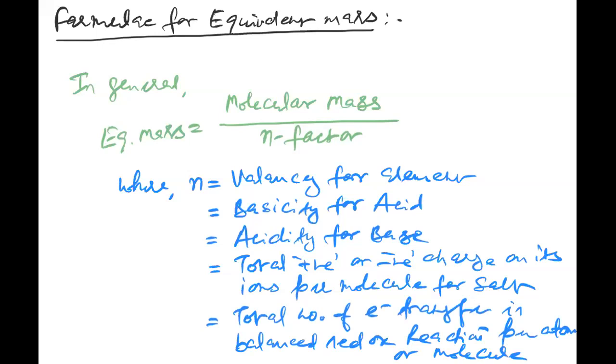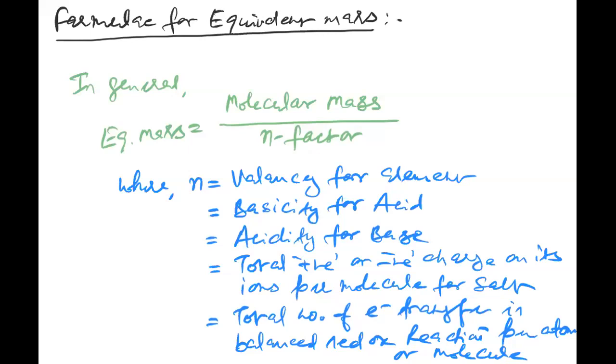Where n is valency for element, basicity for acid, acidity for base, total positive or negative charge on its ions per molecule for salt, and total number of electrons transferred in a balanced redox reaction per atom or per molecule.